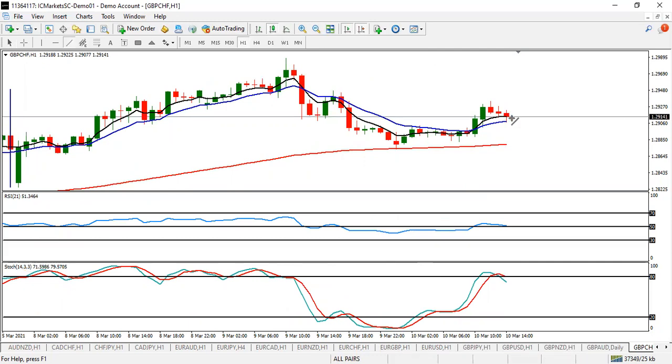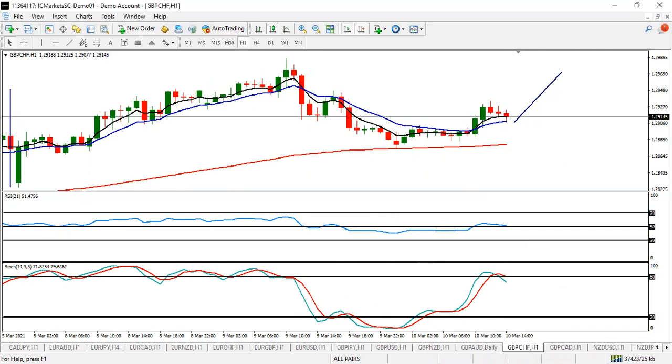You can see a pullback is happening right now, so we wait for the continuation. Take your buy entry either when the 5 and 12 cross down and then on its way back up you catch it to the upside, or you enter through continuation, when the stochastic oscillator crosses to the upside. G-Chef, look for a buy.